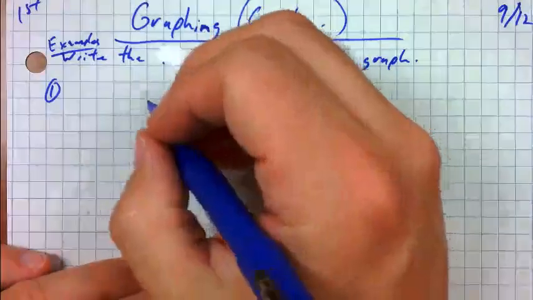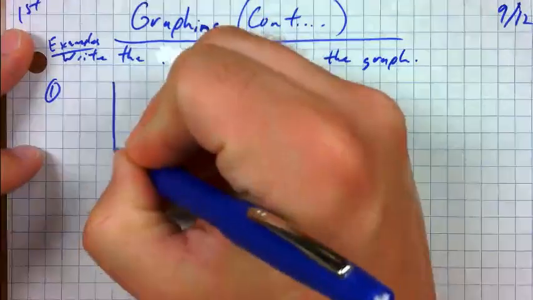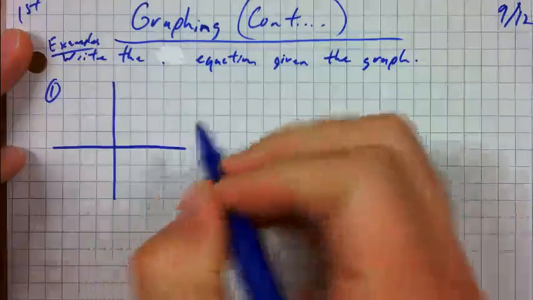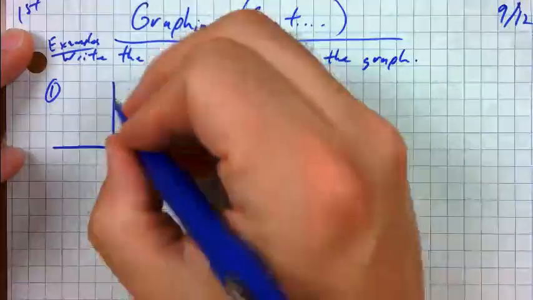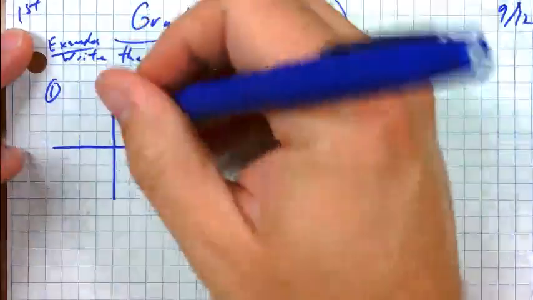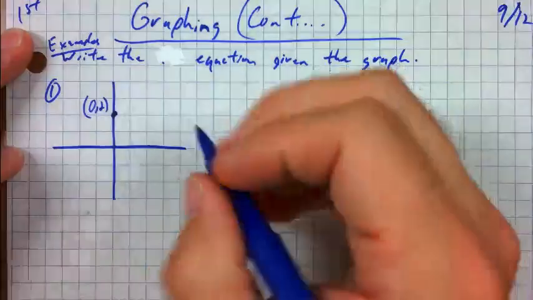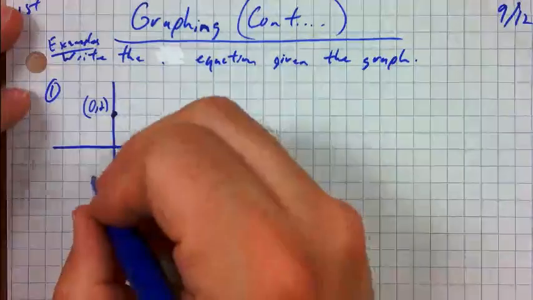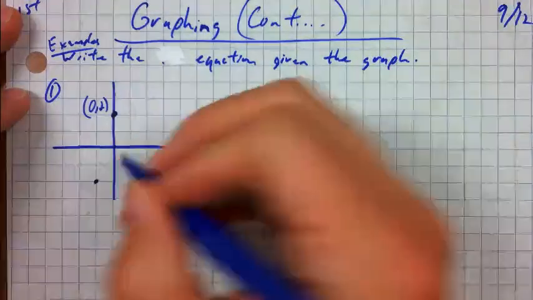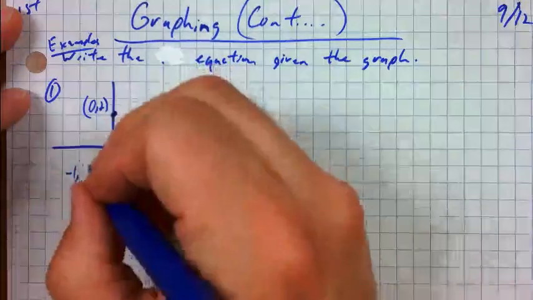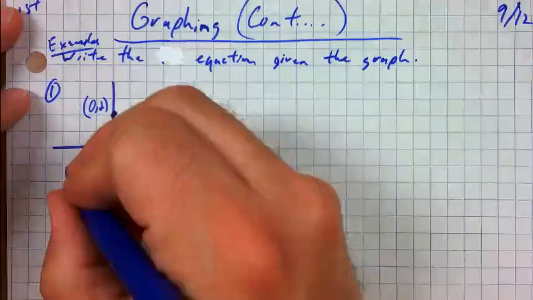So for our first graph, we're going to have a point at 0, 2, and a point at negative 1, negative 2.